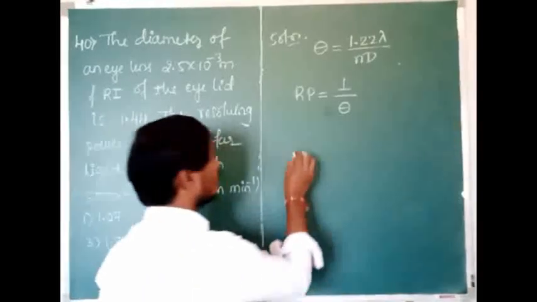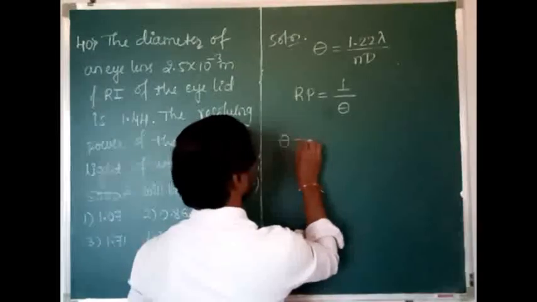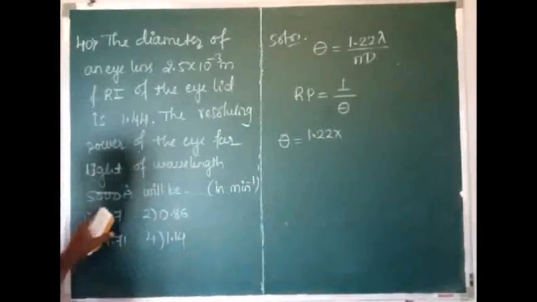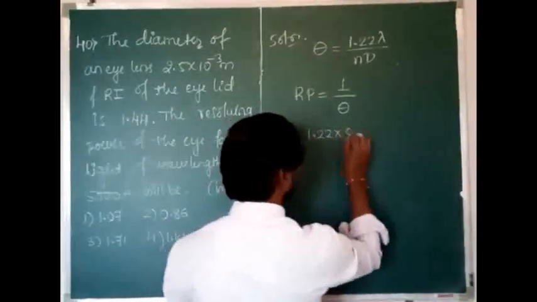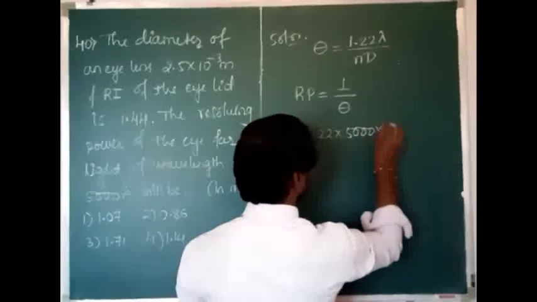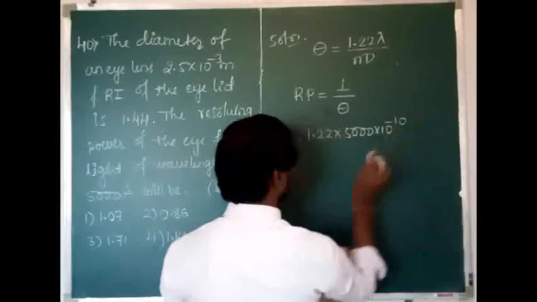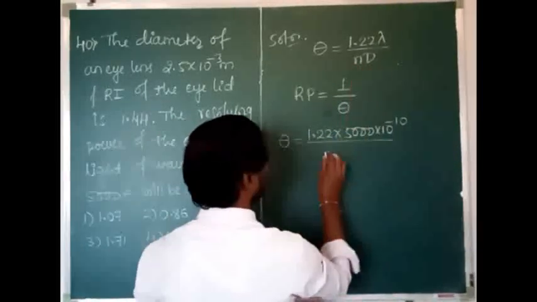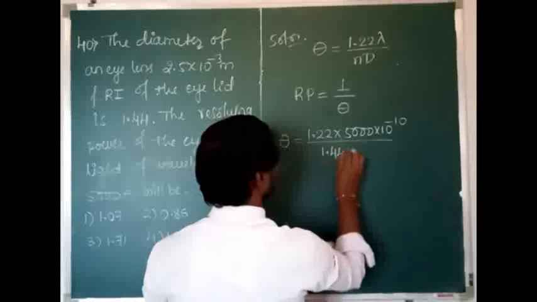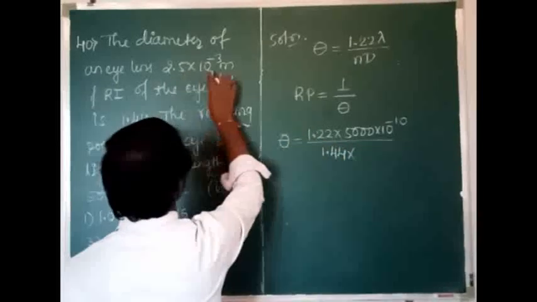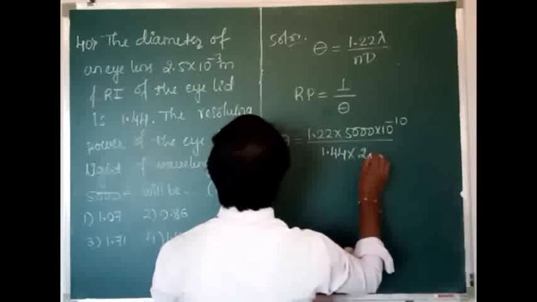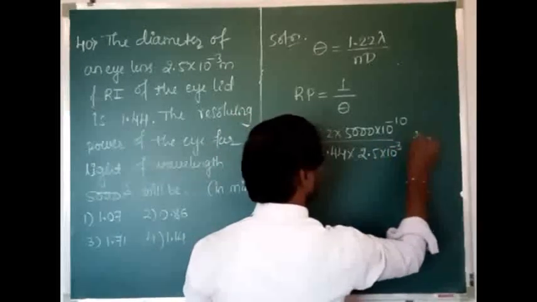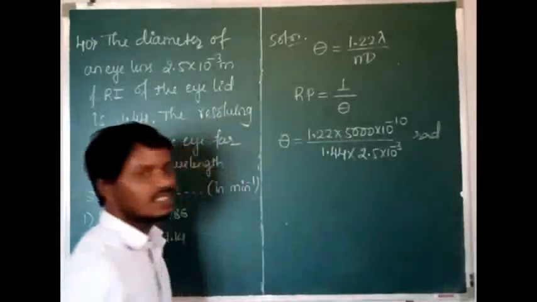Okay, so how to determine theta? 1.22, wavelength of the light given is 5000 angstrom, 5000 into 10 to the power of minus 10, divided by n, that is 1.44, then d, that is 2.5 into 10 to the power of minus 3. This unit is in radian.